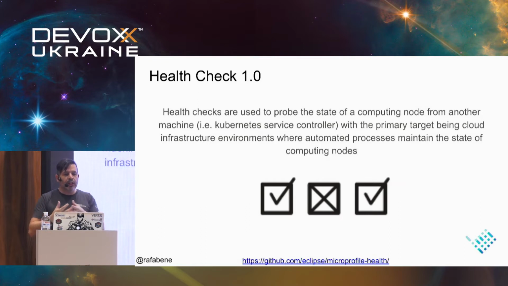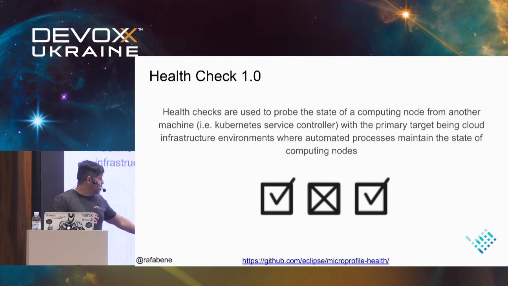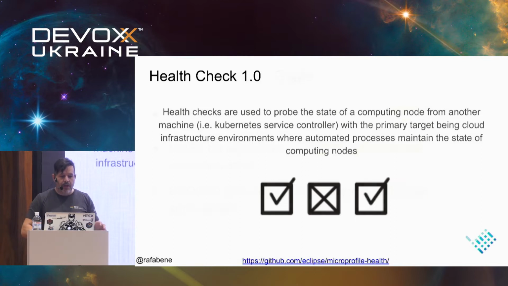So it's really good to have a standard way between all microservices to know how is the health of your application. By the way, for every API that I'm talking about now, there is a link here to the project that specifies this API.